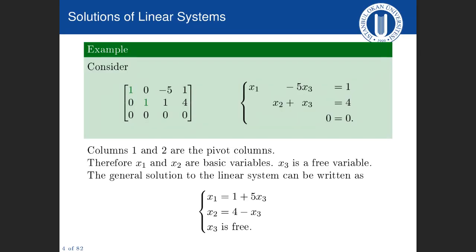We can write the general solution to this linear system like this. x1 is a function of other variables. x2 is a function of the other variables. That's how we write the basic variables. And for free variables, we just write that x3 is free. In other words, x3 is a free variable.